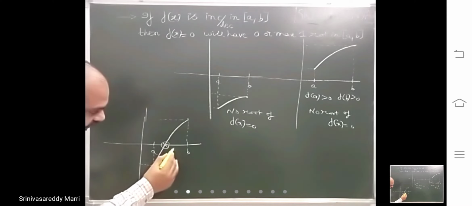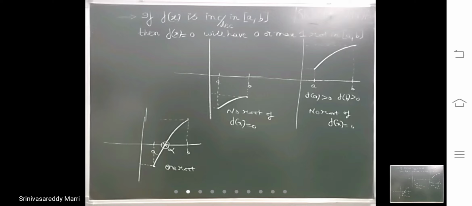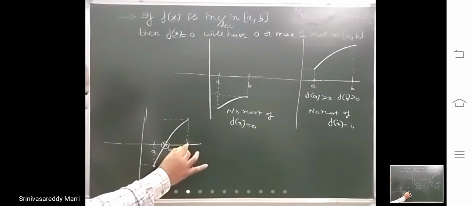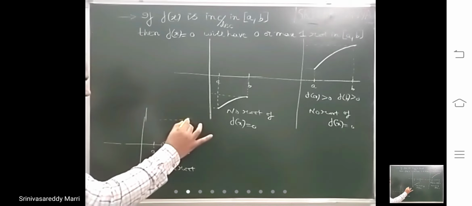Here, how many roots are there? One root. That means, look at, if f of x is increasing, f of A negative, f of B positive. If these are opposite sides, then if you draw an increasing function like this, how many roots will be there? One root will be there.